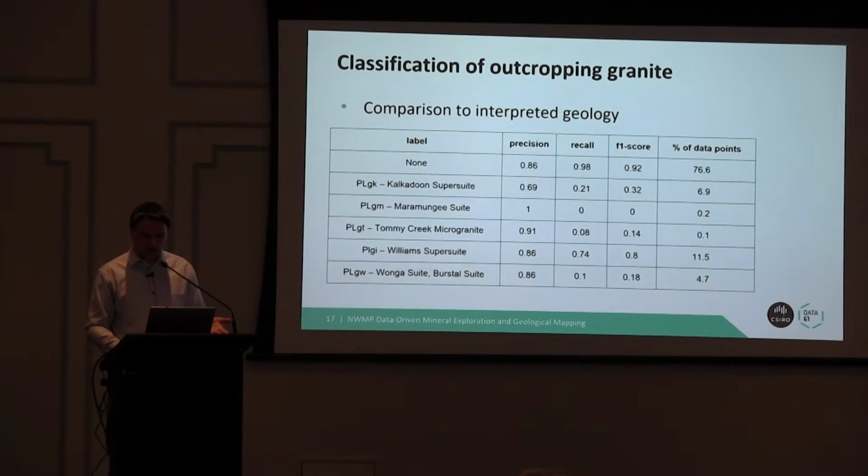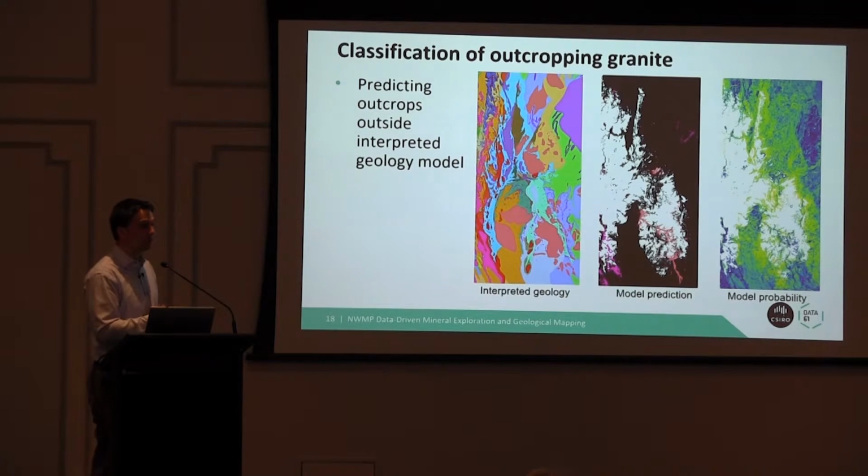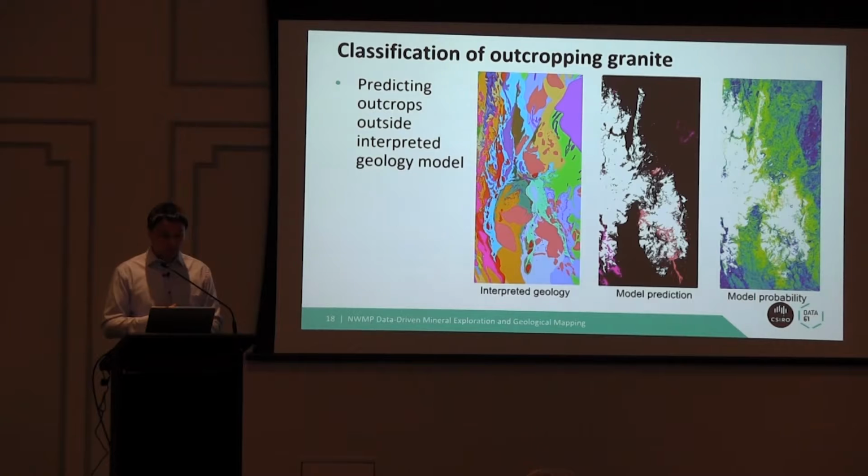The application of this is, of course, for GSQ to go in the field and test some areas where these outcrops were found or not. We also then said, let's try and predict outside of the outcropping areas, which is this example, and you can see again some indications of outcrops outside of the outcropping regions, and again a model probability which is highest along the outcrops, of course.